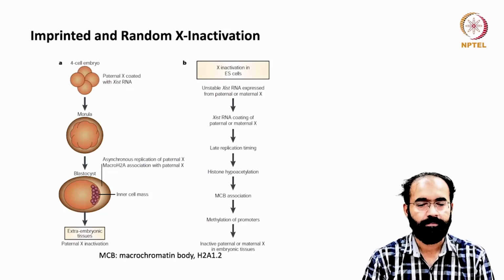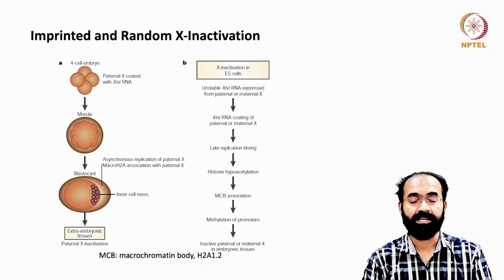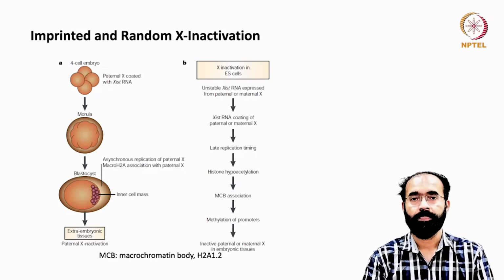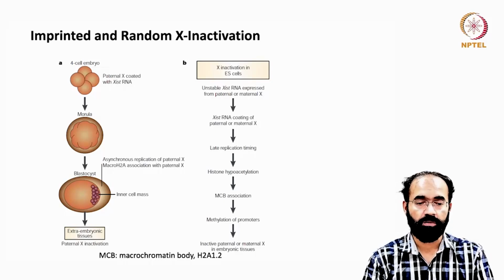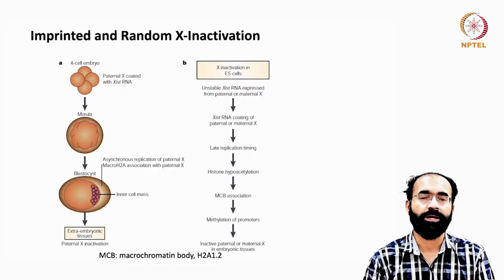Now let us see how imprinted inactivation and random X-inactivation differ. I already told you that imprinting is following a particular pattern with no obvious reason. It is following the same pattern as it is. It has to follow. Like you may also see in some families, the grandfather was an MBA, the father is an MBA, and the son is also an MBA.